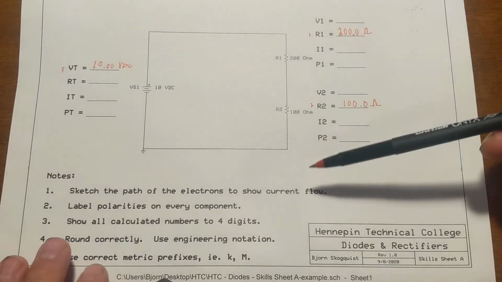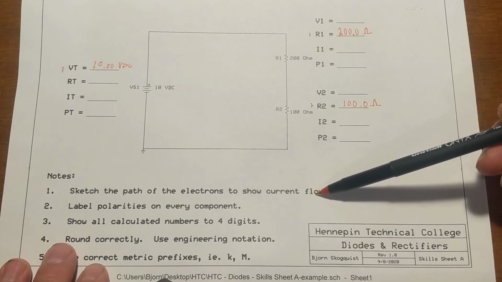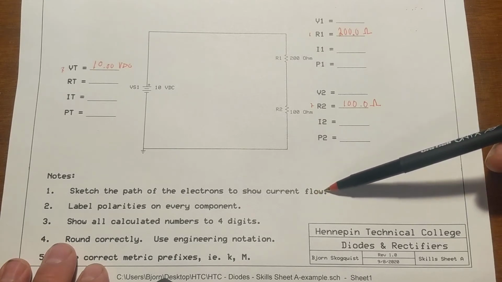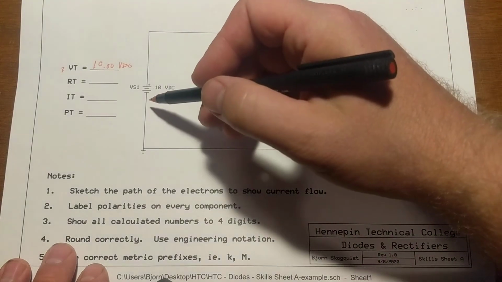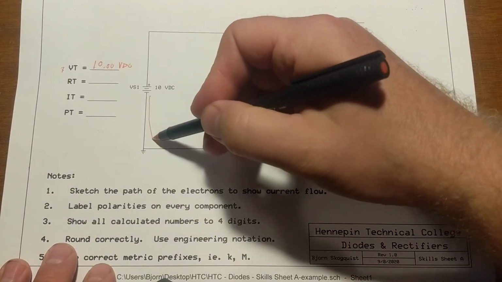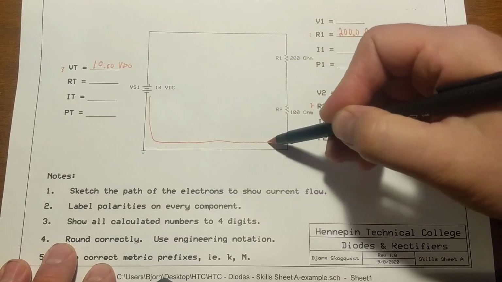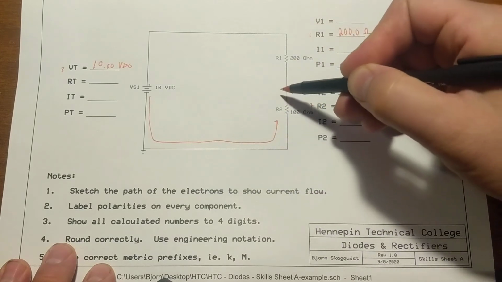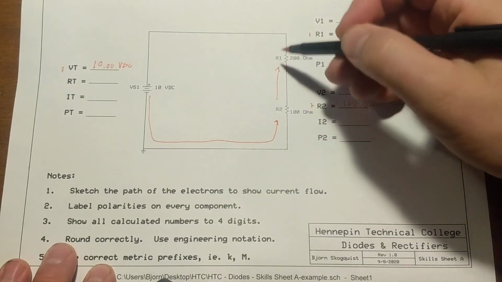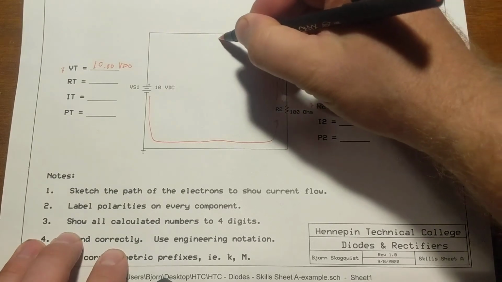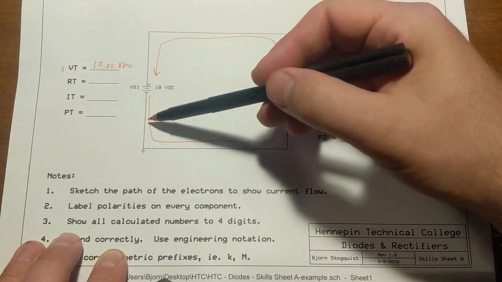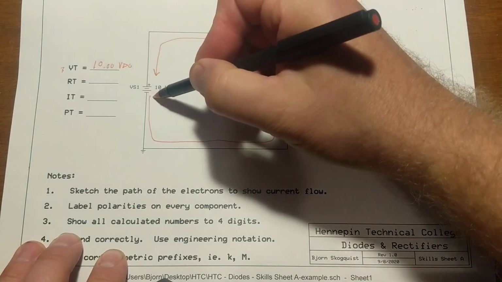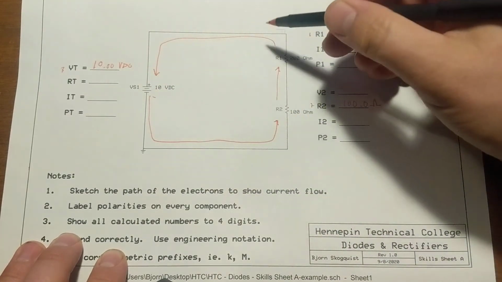But I already didn't follow my directions. I want to sketch my current path. So I'm going to get in here and I'm just going to go like this to indicate my current path, because electrons flow from the negative side of anything all the way up.